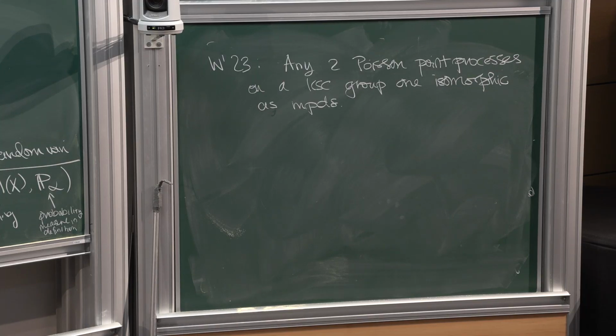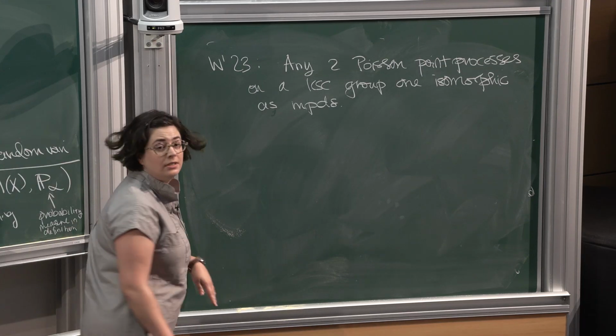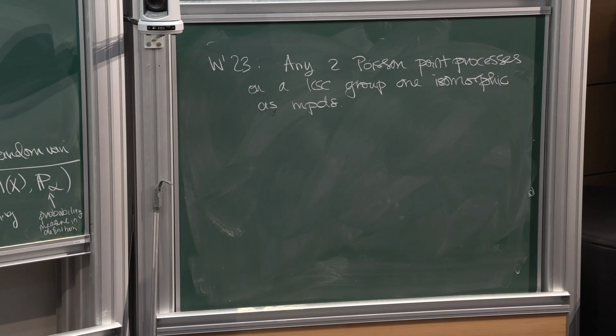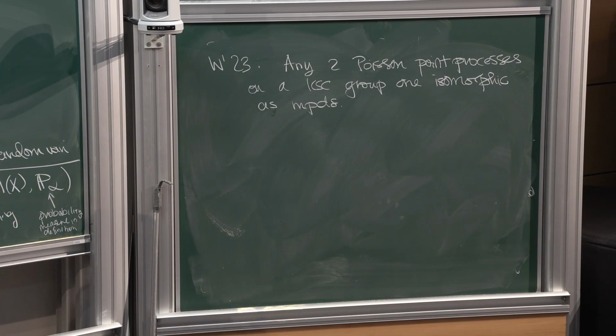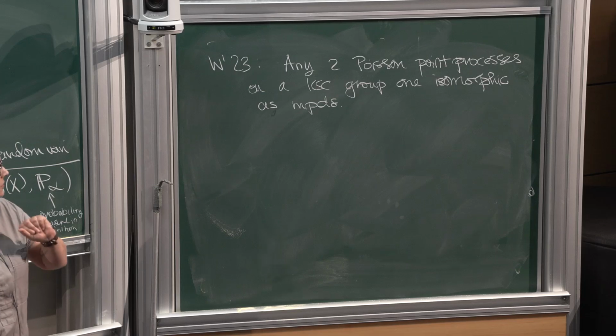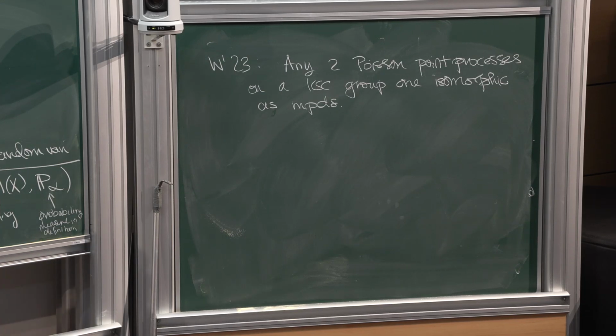So this extends some prior results due to Ornstein and Weiss in 1987. They have a paper in which they prove any two Poisson point processes on an amenable group are isomorphic. And they do this at the same time for Bernoulli shifts that have infinite entropy, if you know what that means, if not, that's fine.